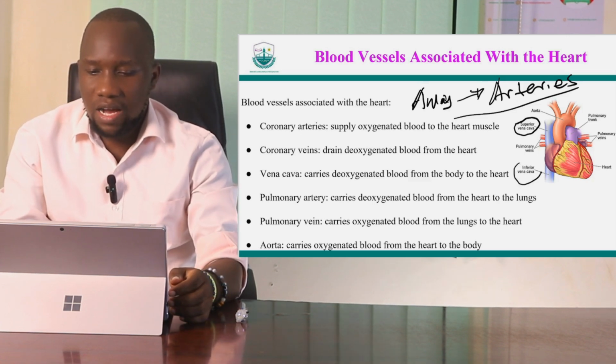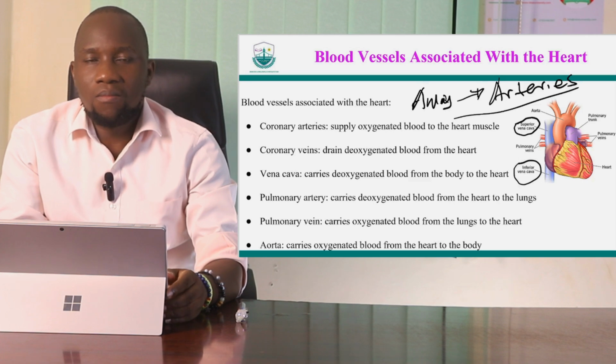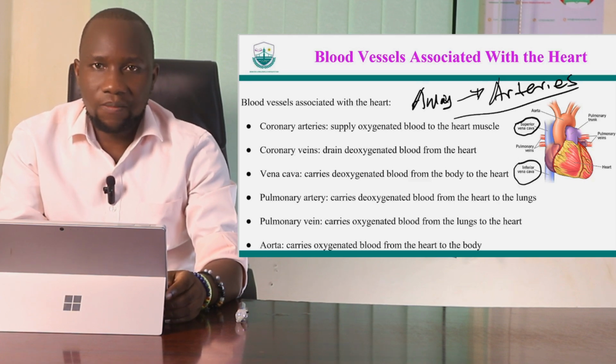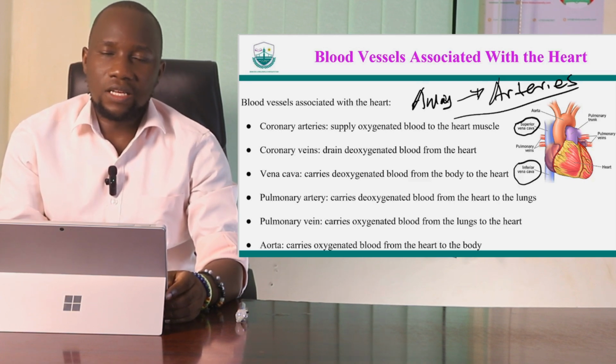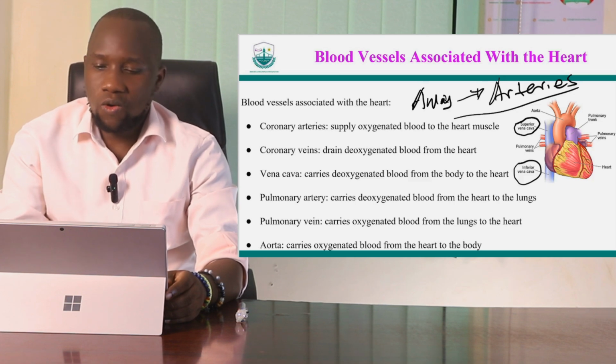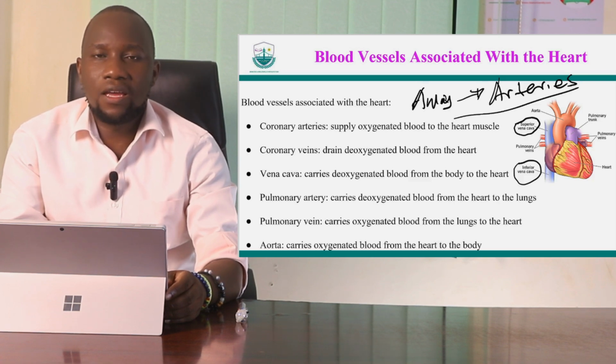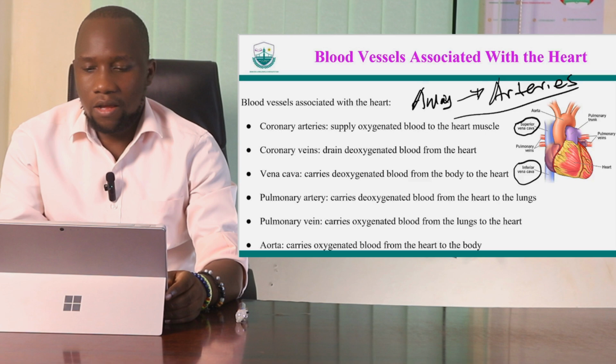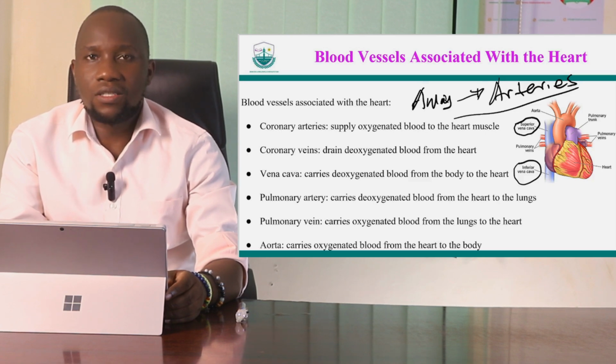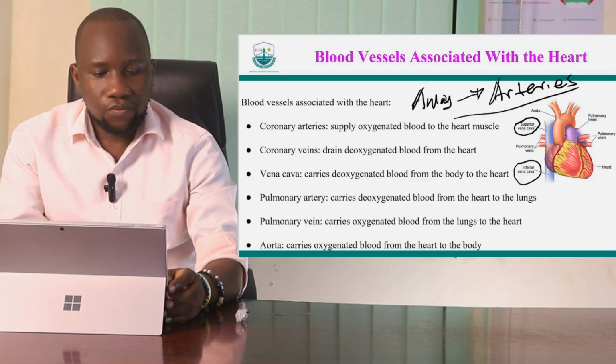So the inferior vena cava brings blood that comes from the trunk, the abdomen, and then the lower limbs or your legs. And then the blood from the head and the neck enters the right atrium through the superior vena cava.